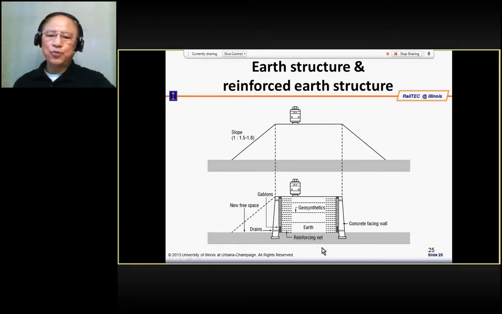There are other ways, like using reinforced earth structure to support the guideway or the trackwork. This is for the purpose of reducing land acquisition, but it still creates obstruction to surface activity.